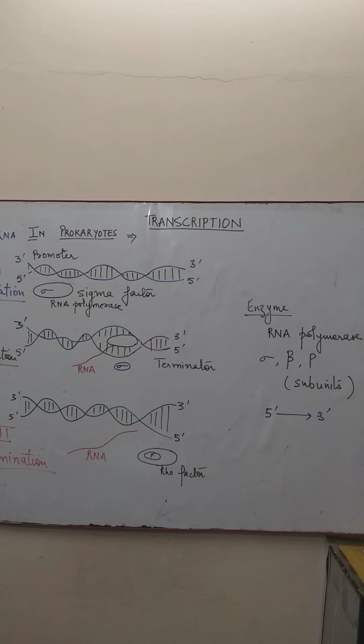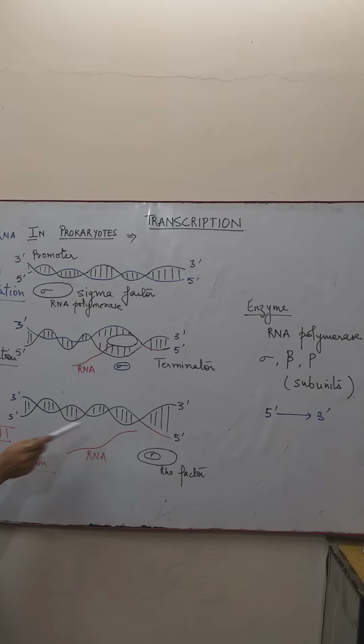So what is happening over here, in a nutshell, is that the process starts with the initiation, when the RNA polymerase enzyme binds to the promoter site with the help of the sigma factor. When it attaches itself to the promoter site, the unzipping of the DNA molecule starts, and it is followed by the process of elongation, where consecutively the nucleotides are being added in the direction of 5' to 3'.